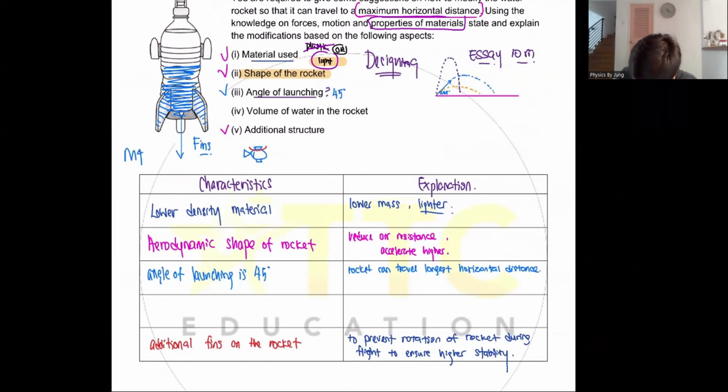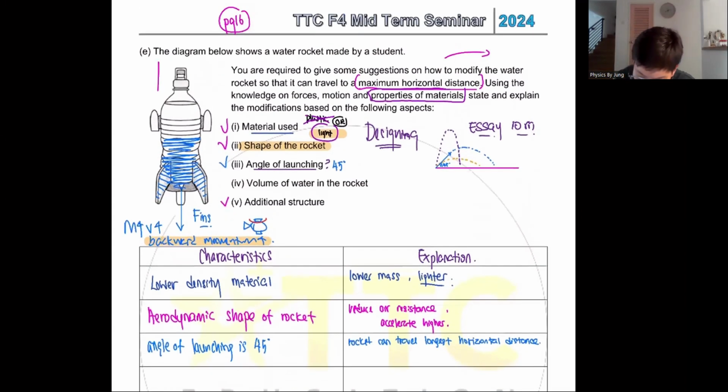So when you have larger mass and larger velocity, your backward momentum increases. If you produce larger backward momentum, your rocket goes up, so your rocket can fly higher. So you need to add water, because you have a larger backward momentum.